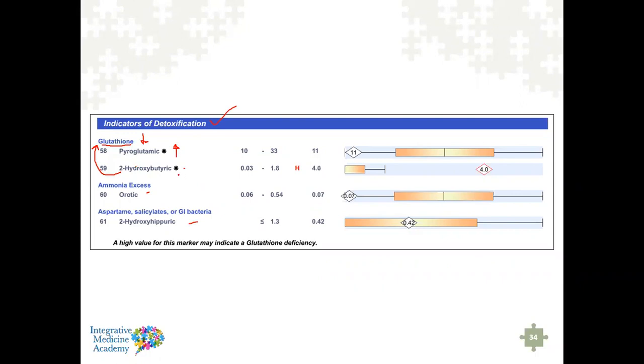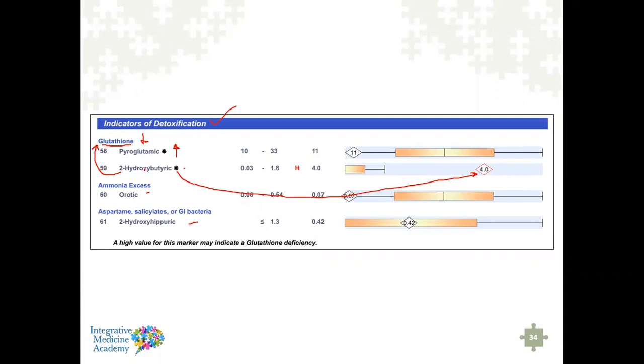But there is one other thing to look out for. You'll notice that it's modestly elevated. It turns out 2-hydroxybutyric can also be elevated for the same reasons that cause the 3-hydroxybutyric and the acetoacetic found under the fatty acid ketone section to be elevated, meaning it can also be elevated in ketosis.